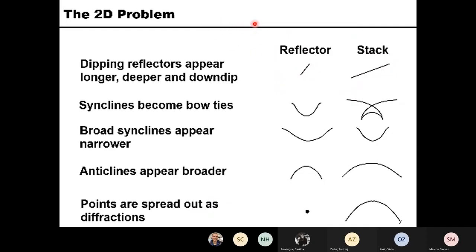So because of the angle, right, you can see this distance is longer than the actual length of a structure. That's why in your stack section, your reflection looks longer than the true length of a reflector. Okay, that's the one structure.